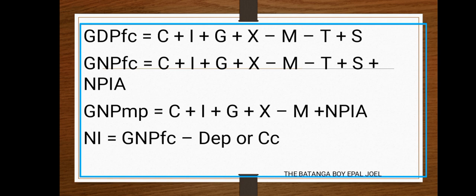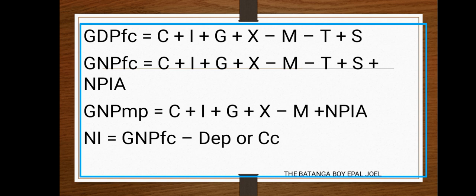Remember, this net property income from abroad is simply calculated by taking property income from abroad minus property income paid abroad. Then we get the net property income from abroad. So you discover that when we move from domestic to national, from gross domestic product to gross national product, what has been added here is what we call the net property income from abroad, remittances.